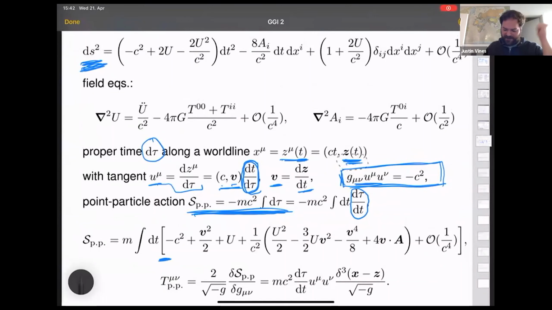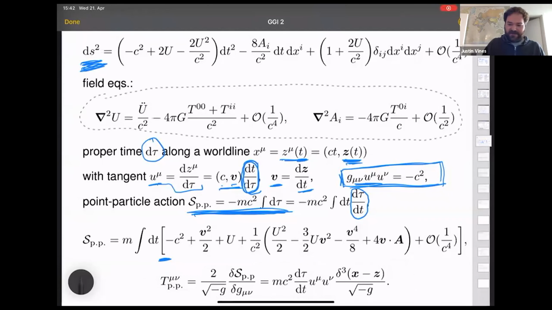Okay. So we can use this as a source for Einstein's equations, at least for our first post-Newtonian version of Einstein's equations.